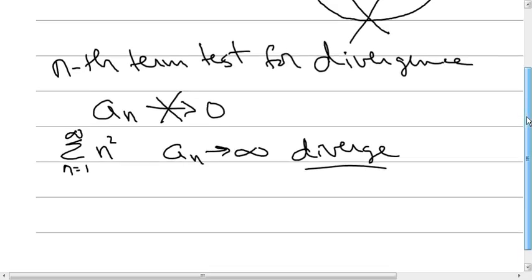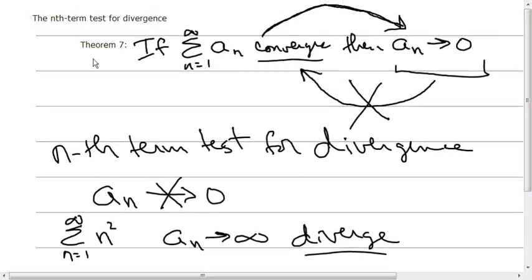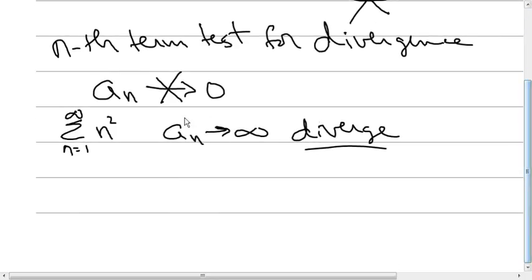But let's now consider the case back up here, what Theorem 7 is saying about a sub n actually going to 0, a more interesting case. Let's consider two of them. First one, the sum from n equals 1 to infinity of 1 over n squared. This is an example that we worked already.